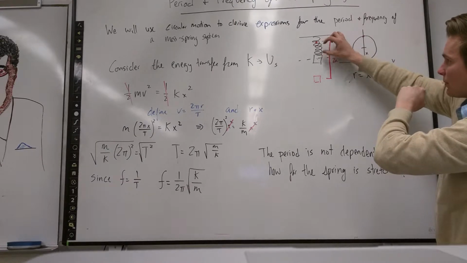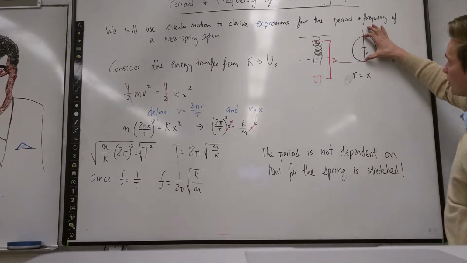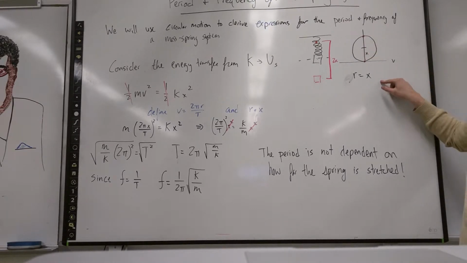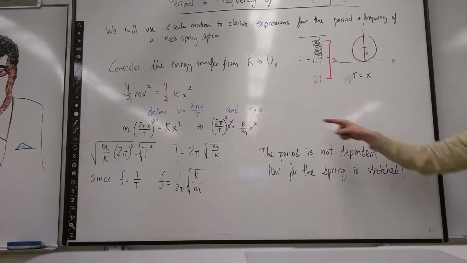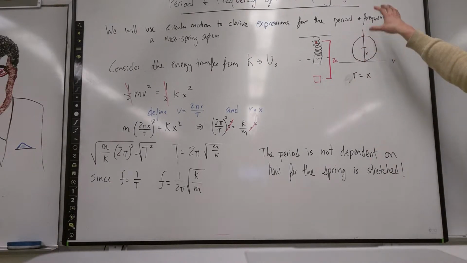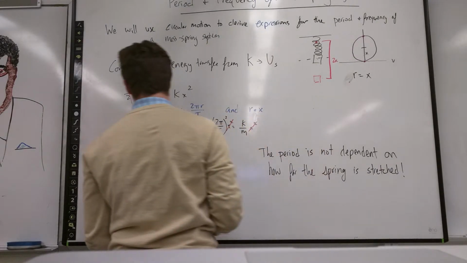This x would be a displacement, this x would be a displacement. So the overall diameter would be 2x, which means the radius of this circle is x. So in this definition that velocity is 2 pi r over t, I'm saying that the radius is x based on the close tie of circular motion to simple harmonic motion.